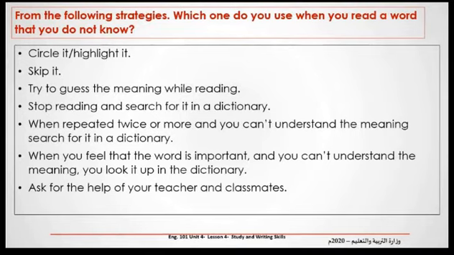Ask for the help of your teacher and classmates. Or maybe you've got another strategy to do. Think about this in 1 minute, and you may write any strategy that you would use in this situation.